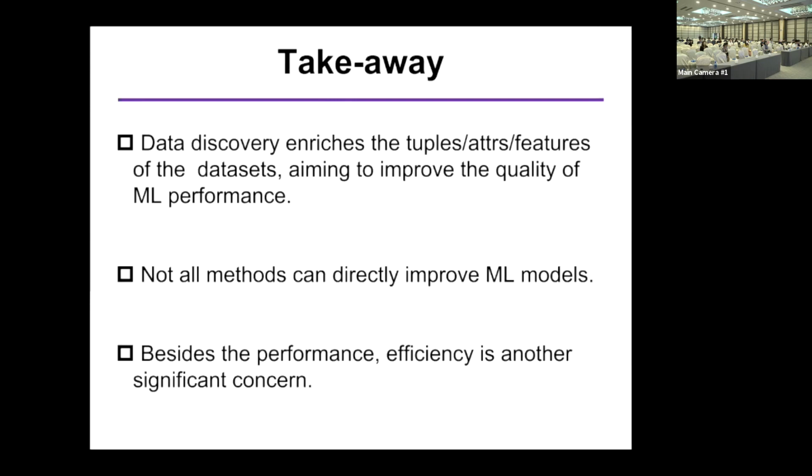They do not consider the machine learning performance. So besides the performance, the efficiency is another significant concern because there are always a lot of tuples or tables in the data lake that we can train. So we always use join, which is very inefficient.